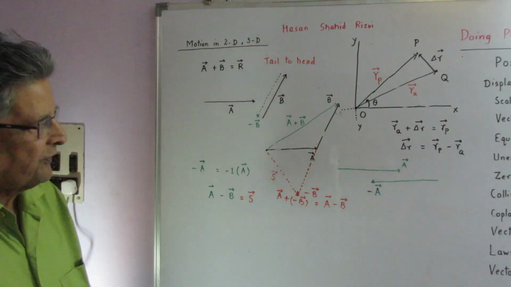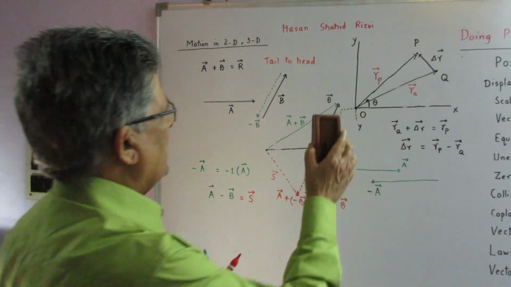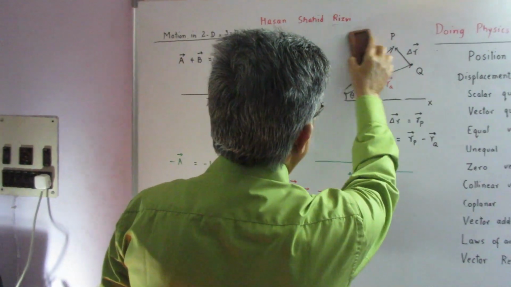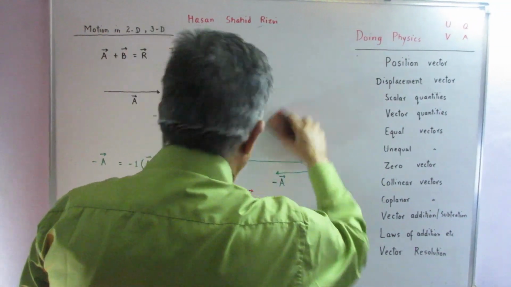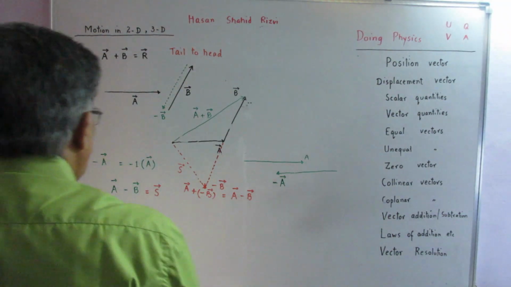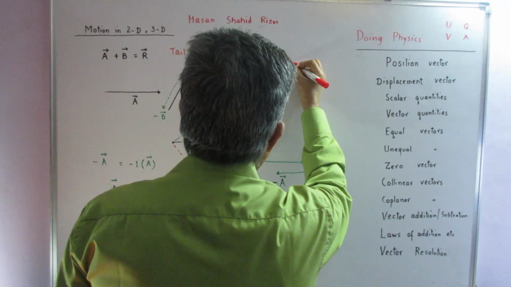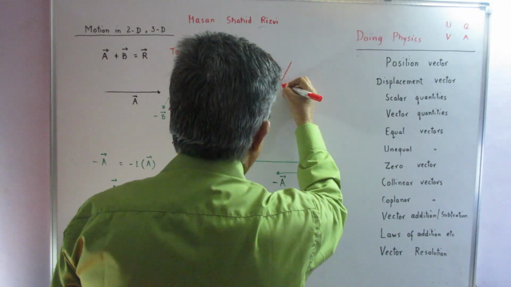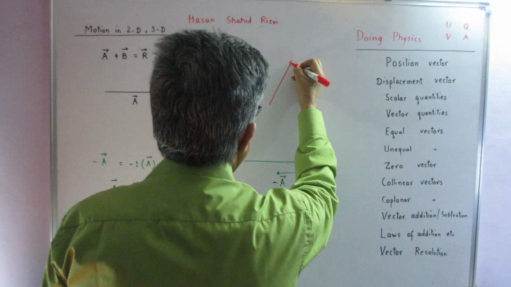Before I shift a bit, I must tell you one thing more, that the positioning of the two quantities A plus B can be done like this. I will take the vector B, which is parallel to my original vector B, of the same length, of the same species.